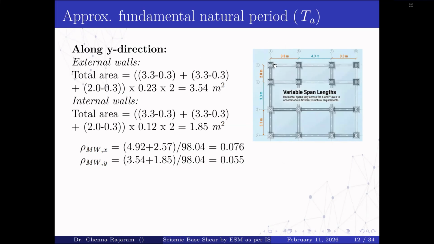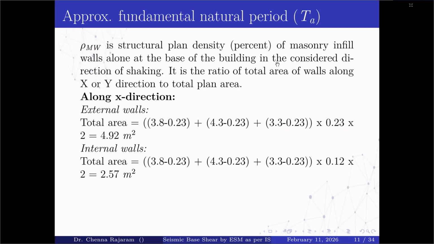The wall area means the total length of the wall in this bay is 3.8 minus half of the column width on this side and half of the column width on this side. That means 0.23 by 2 and 0.23 by 2. So that means 3.8 minus 0.23 by 2 minus 0.23 by 2, which means 3.8 minus 0.23.